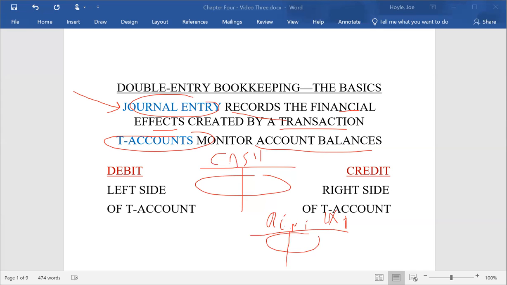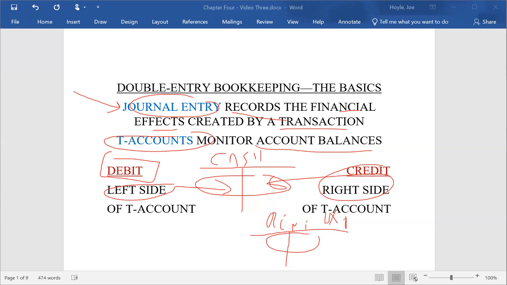These are T accounts. Now, the key to double entry bookkeeping is that the left side of this T account is referred to as a debit. So anytime you're looking at the left side of a T account, that has been known for hundreds of years as the debit side. The right side is known as the credit side.